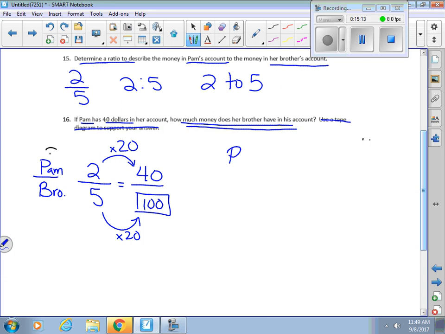Pam's brother has $100. Does that make sense to everyone? You do not want to leave it as a fraction here because he doesn't have 100 over 100ths of a dollar. He has $100, okay? So we'll take that info out and make that sentence.